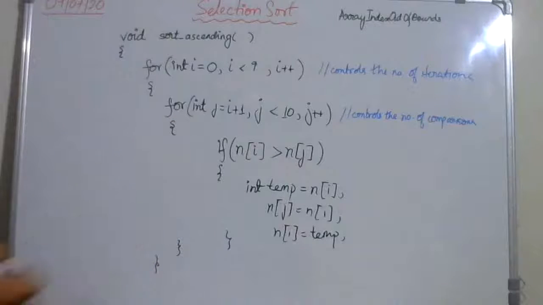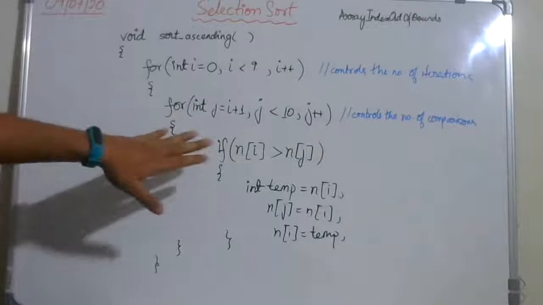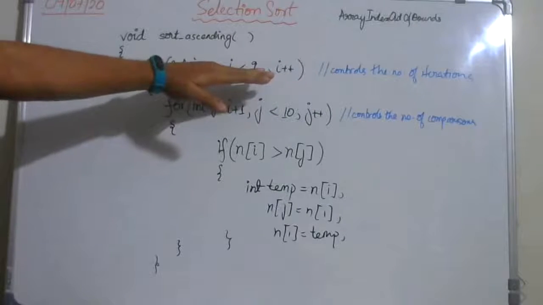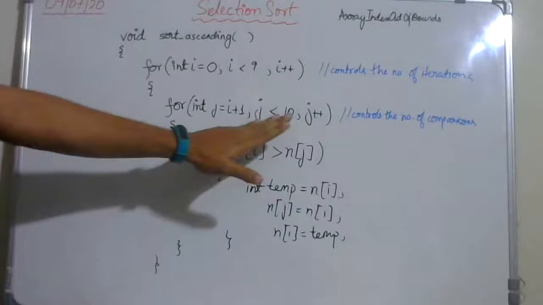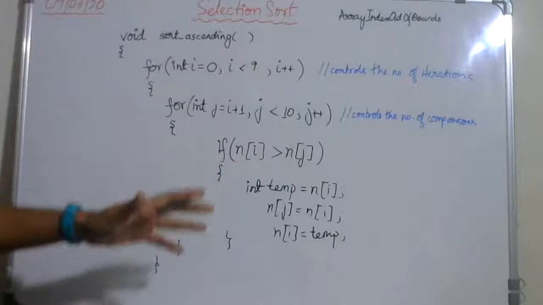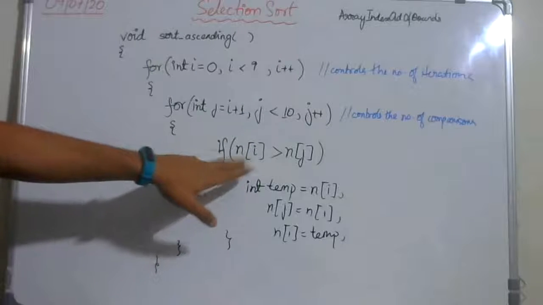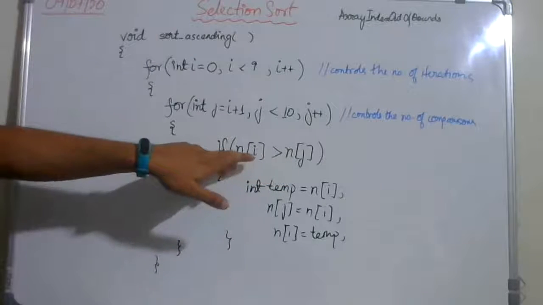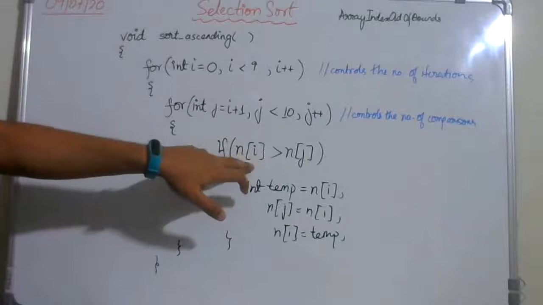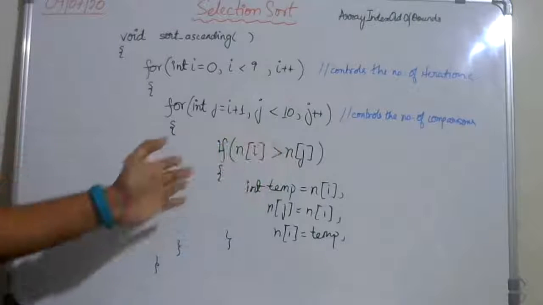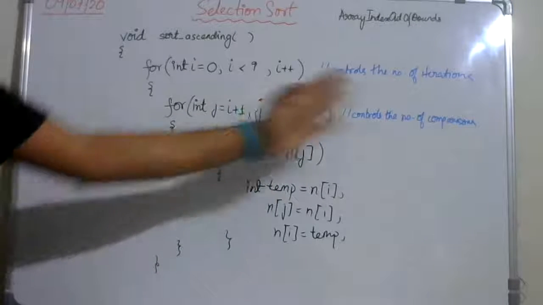Before we end the function, we have one more thing to do, but just to be clear, this particular loop again controls the number of iterations. This particular loop controls the number of comparisons in each iteration. Here we are actually comparing the value at the ith position to the value at the jth position, and j is nothing but the next position after I, and it keeps on increasing.